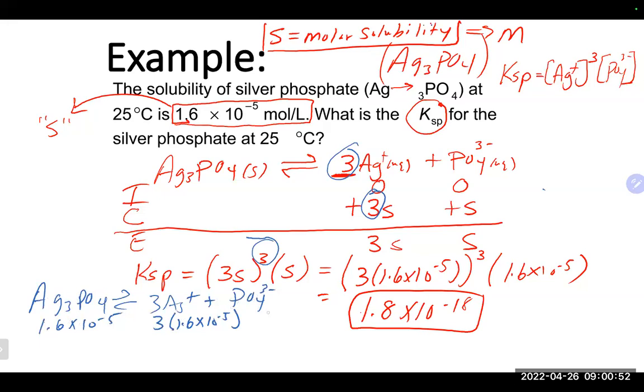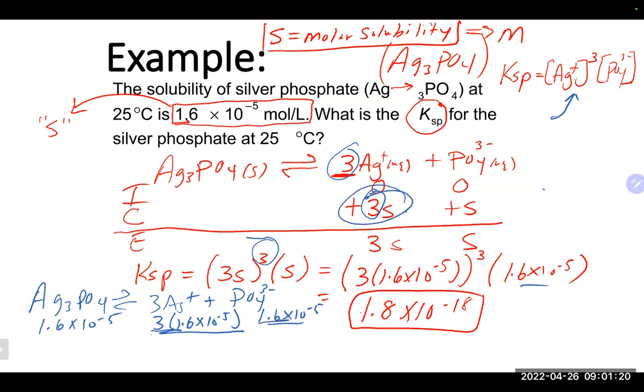It's a 1 to 1 relationship between the phosphate, which would be 1.6 times 10 to the minus 5. Now you have basically both of these numbers, and you could go right into the Ksp expression, which is essentially what the ice table is walking you through. But again, if you're not sure how to do it correctly, the ice table can help you visualize what you're doing. Because this part right here is basically this, and obviously this is this.